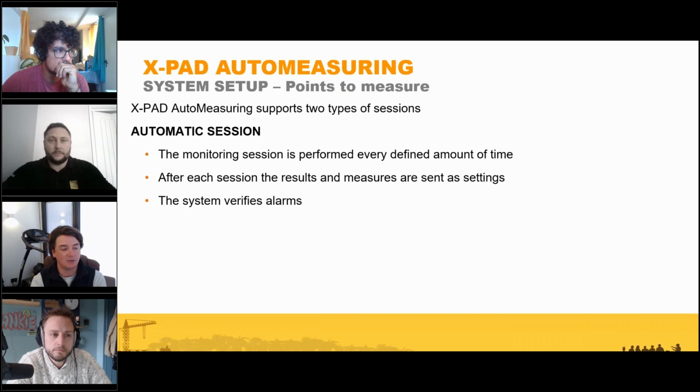After each of these sessions, depending on how you've defined your output, it will export measurement reports or warning reports direct via text message, email, straight into the cloud-based part of the system, or into an FTP server where you can then link it to a dashboard and have continuous updates in your dashboard. Obviously, that only updates every time a session's complete.